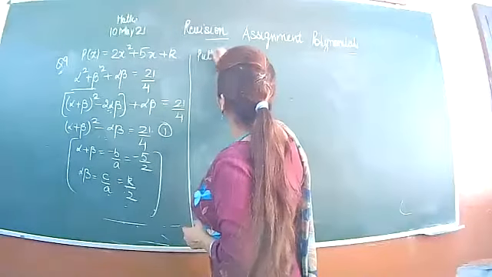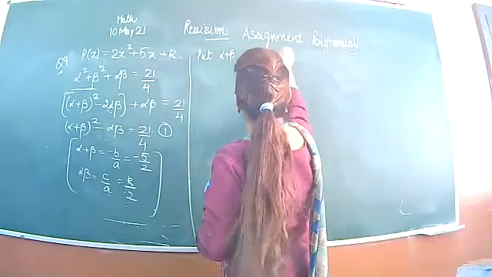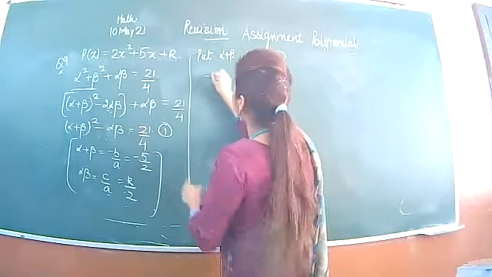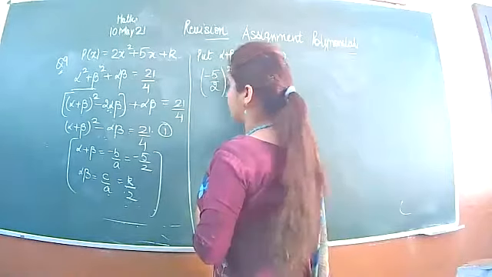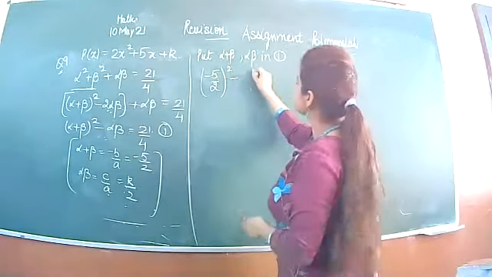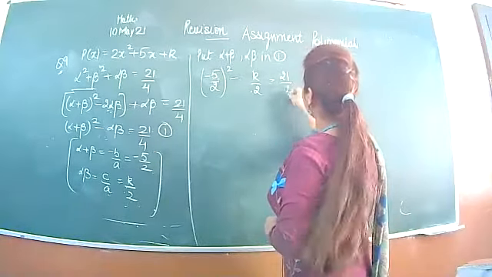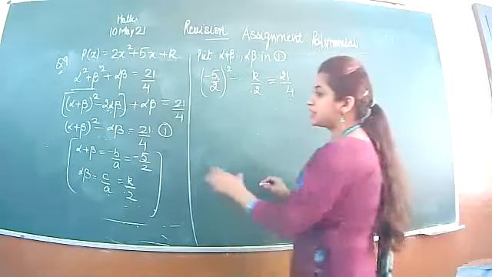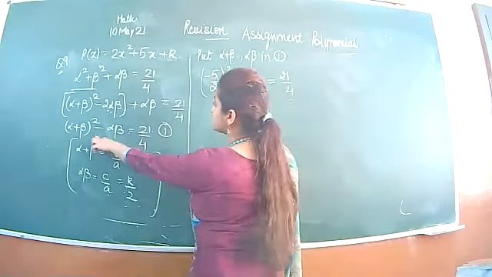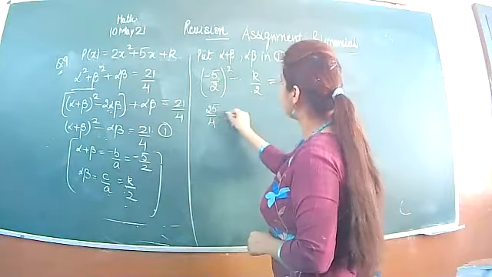Put alpha plus beta and alpha beta in 1. Alpha plus beta is minus 5 by 2 whole square. Alpha beta is k by 2, equal to 21 by 4. Is it okay? So I have just substituted these values in this first equation. Minus square is plus 25 by 4.